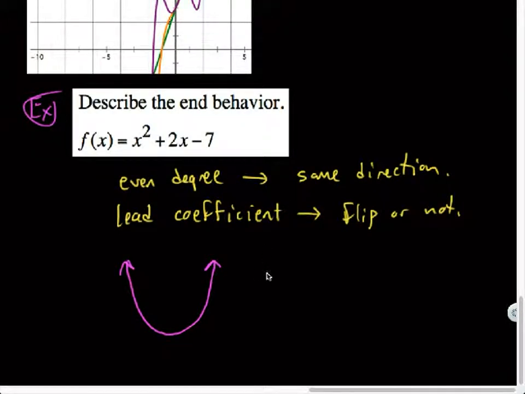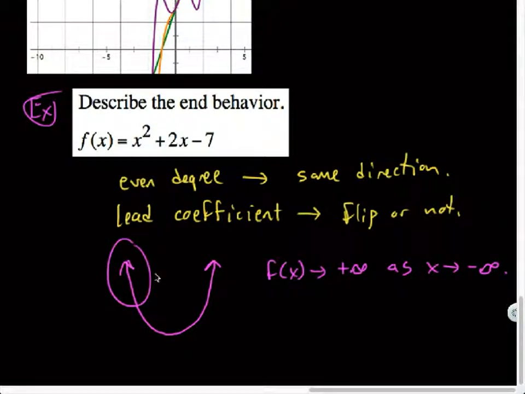Well, I would say that f of x approaches. Let's see, let's describe this side. Where is y going, up or down? Up. So f of x approaches positive infinity as x approaches, and over here, where's x going? X is going to the left, so we describe that as negative infinity. All right, so that described this side.